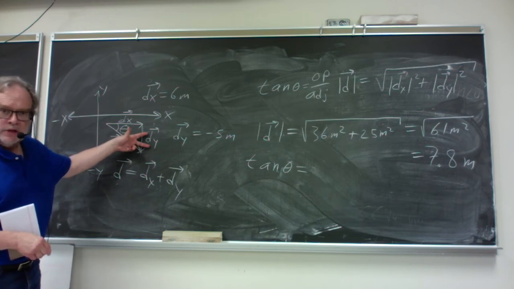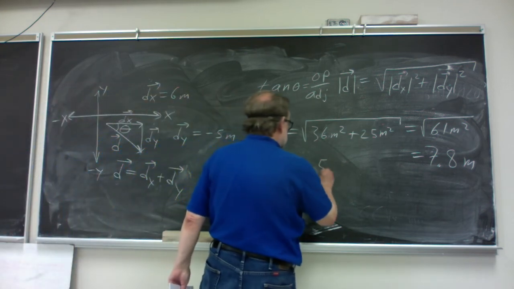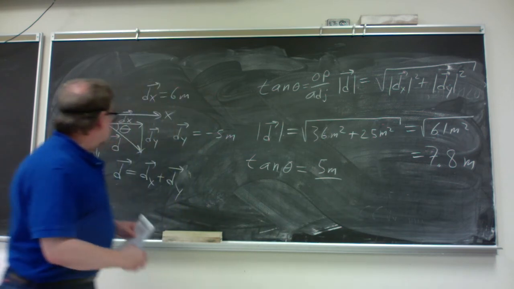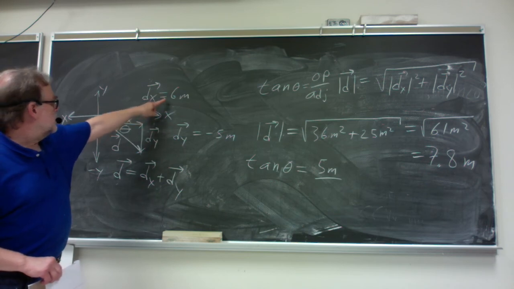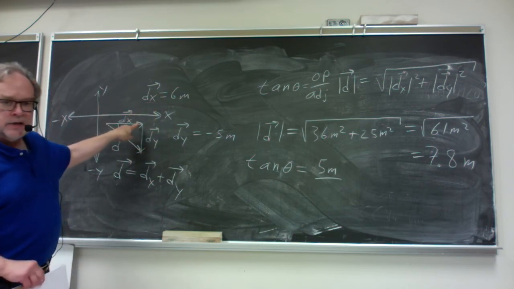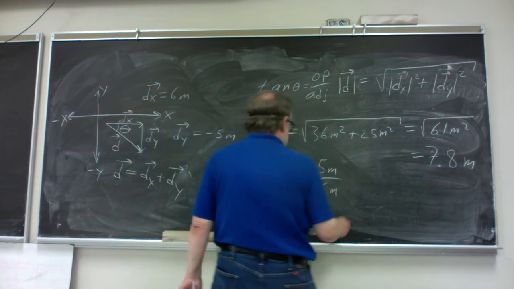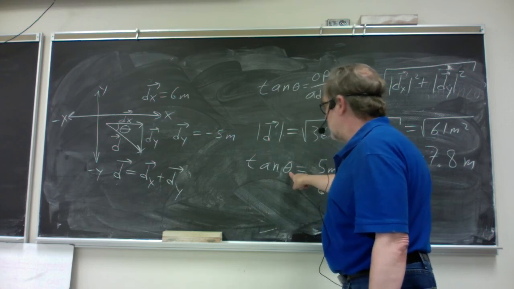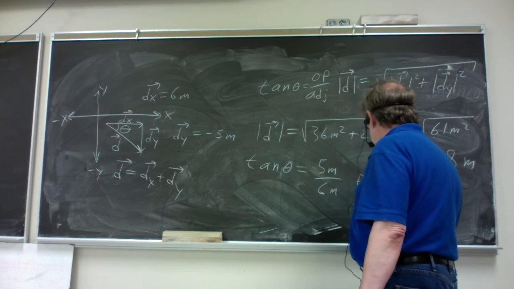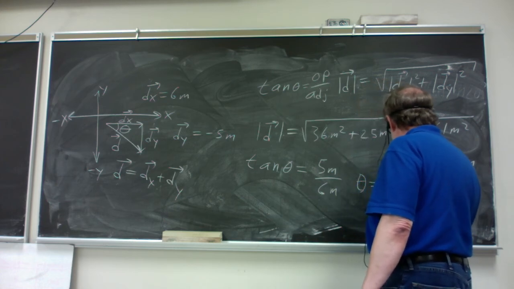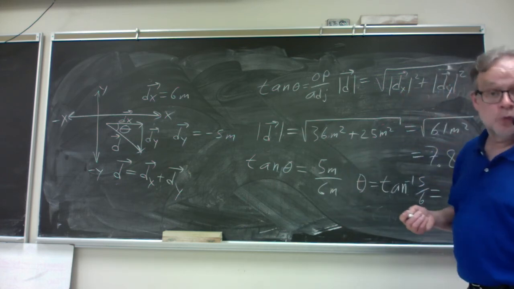That would be the magnitude of dy, 5, divided by the length of the adjacent side, which would be the magnitude of dx, 6. So this angle is the angle that has 5/6 for its tangent. So theta is the inverse tangent of 5/6, and that comes out to about 40 degrees.